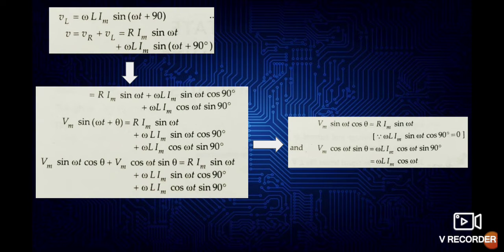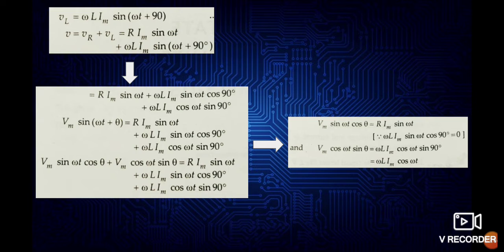The total voltage drop in the circuit is given by V equals VR plus VL, and by converting the instantaneous value into peak value multiplied with the sinusoidal waveform, we will get the final equation as Vm sin omega t cos theta plus Vm cos omega t sin theta equals R Im sin omega t plus omega L Im sin omega t cos 90 degree plus omega L Im cos omega t sin 90 degree.